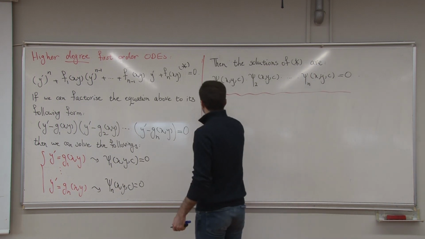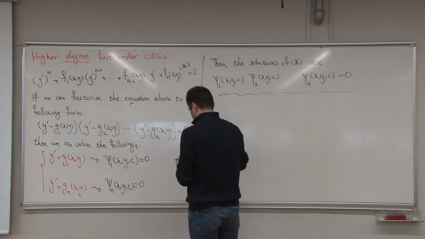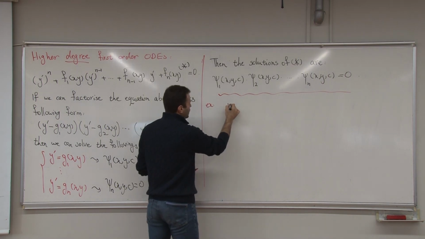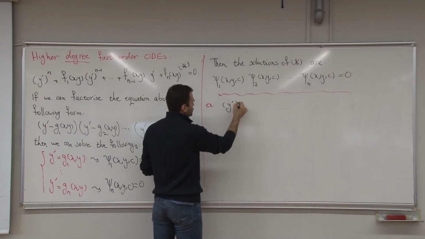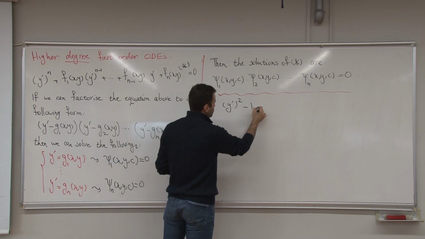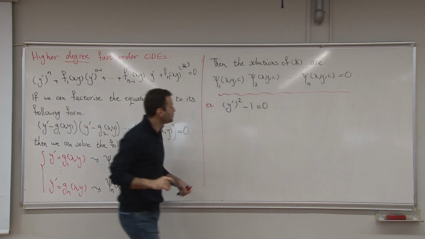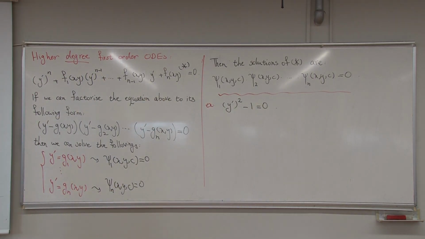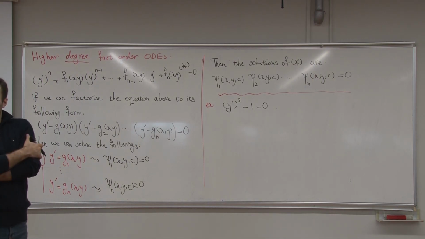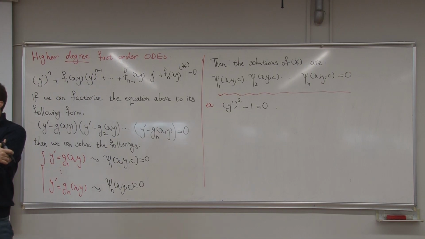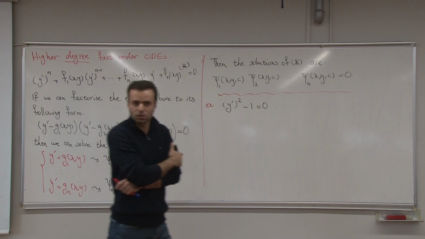What do I mean by this? Suppose we have y prime to the power of 2 minus 1 equal to 0. How can we solve this? First of all, is this a first order or second order equation? What is the order of this differential equation?